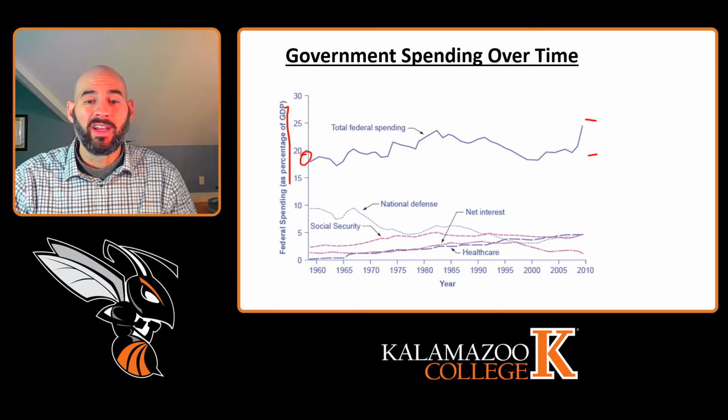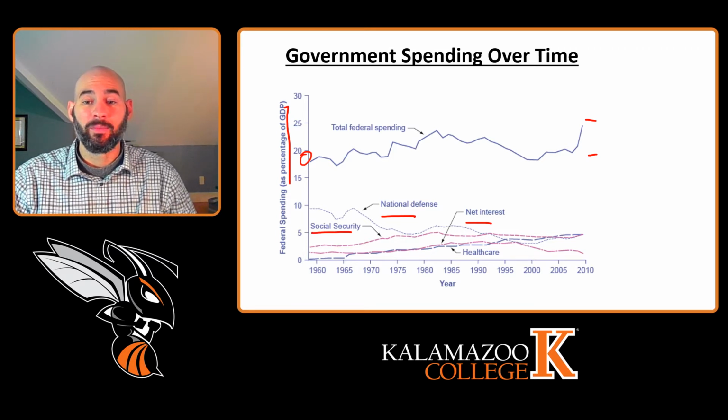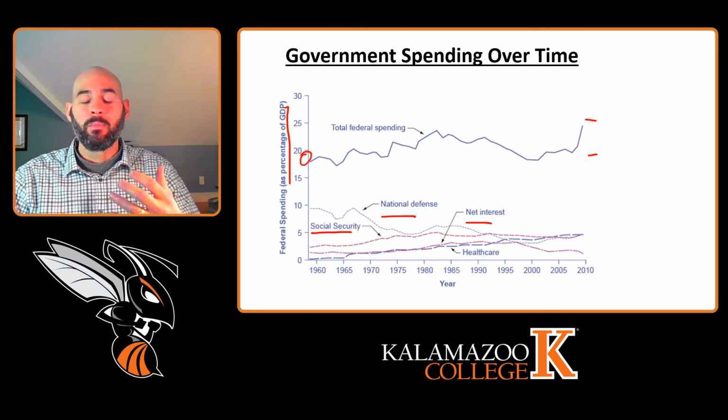In the next image, we'll take a look at some of these constituent components of the government spending portfolio and see relatively how important they are in a static context at one point in time. But on this graph, we can see how they've changed over time.